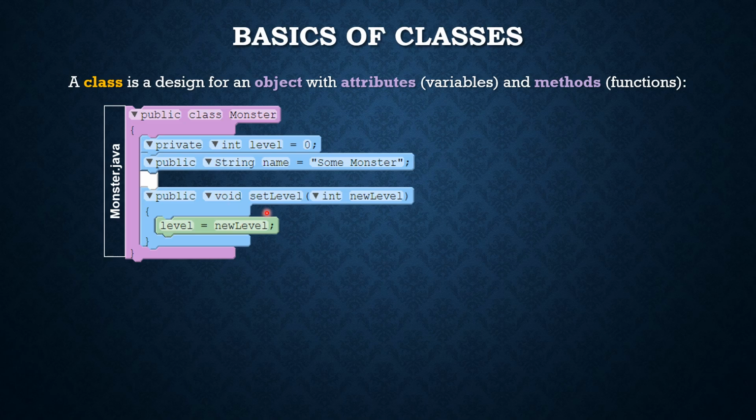Another thing to note here is that this public void setLevel is different from the previous methods that you have built. Earlier you had the static keyword, but this method does not have a static keyword. What this means is that you cannot change the level of a monster by calling something like monster.setLevel.